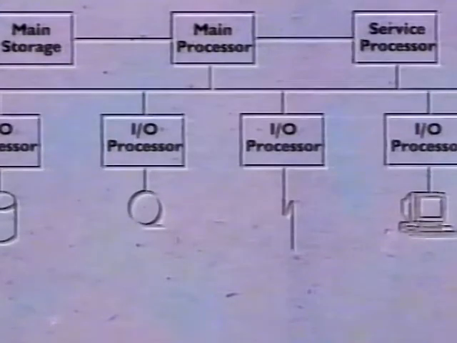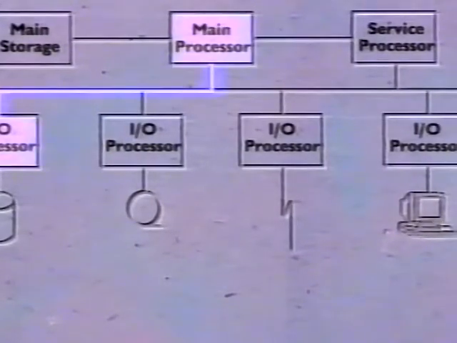And that I/O operation takes an extremely long time in data processing terms, and the way that AS400 handles that is for the request for the I/O to be delegated to another processor in charge of that particular I/O device, the microprocessor in charge of the disk in this example. Meanwhile, the main processor gets on with another program and will only return its attention to the original program when the data it had requested earlier has been fetched from disk and put into main storage by the disk microprocessor.